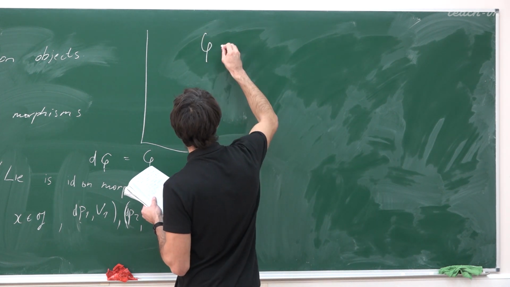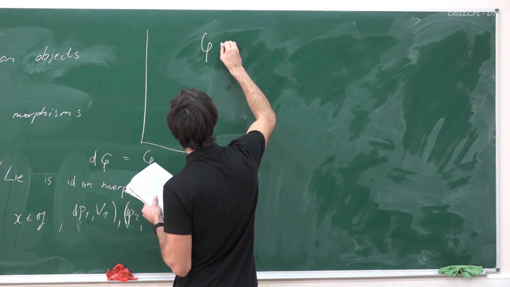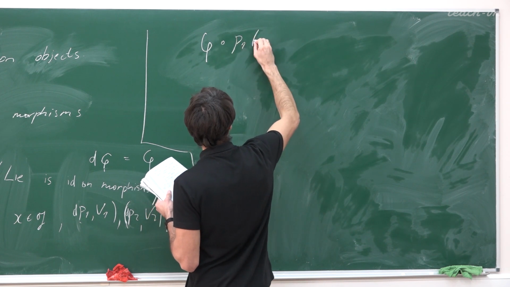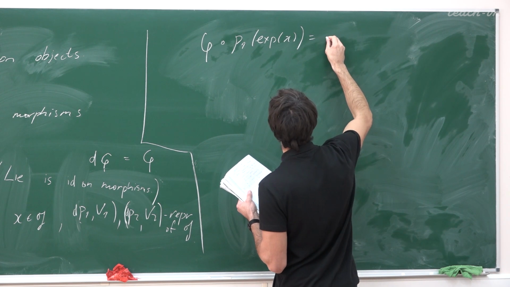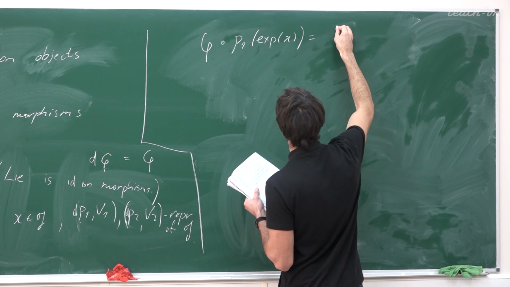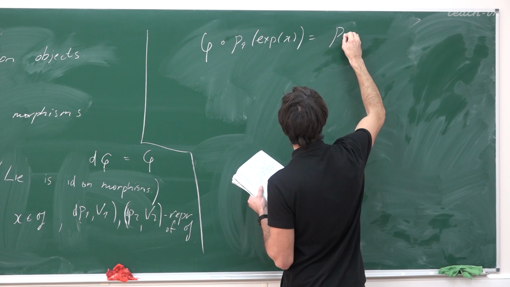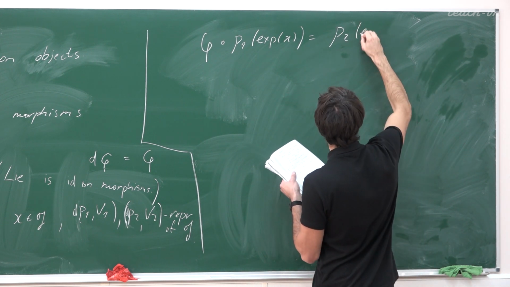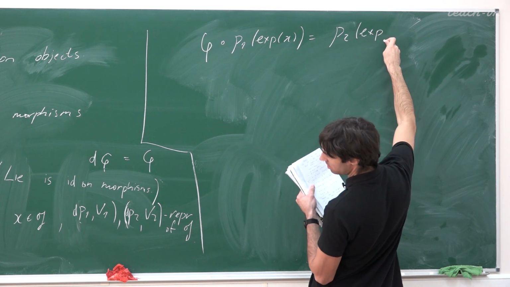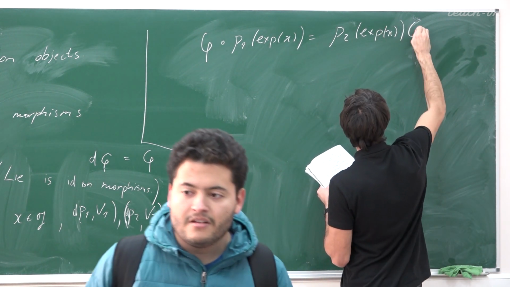So I can now write phi rho 1 of exp x equals rho 2 of exp x phi.